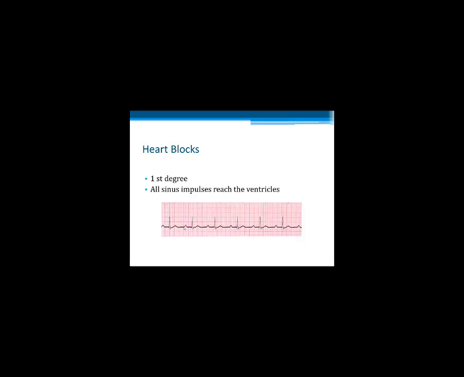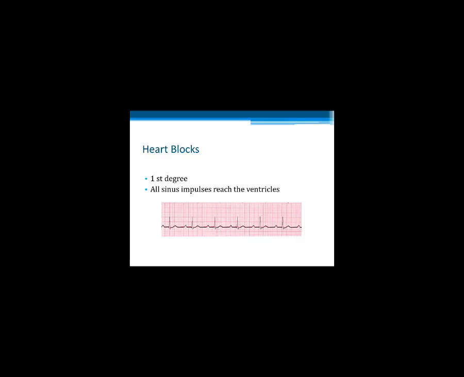So this P to R interval right here lasts longer than 0.20 seconds. So this rhythm is actually irregular. Sorry. If we were to measure it out, it's regular, just this PR interval is a little bit too long.